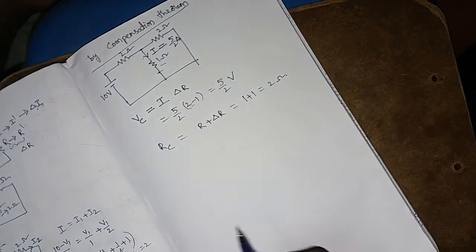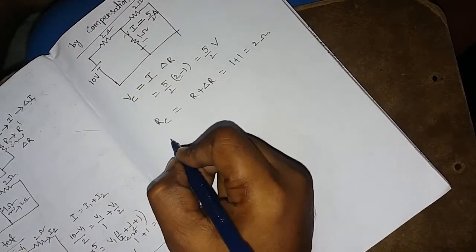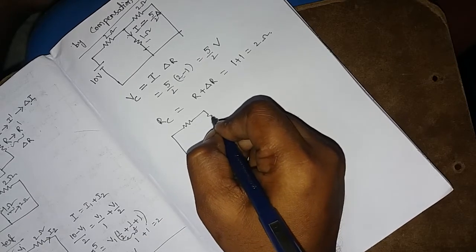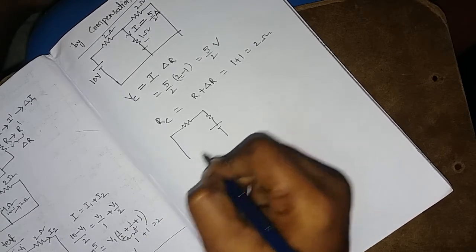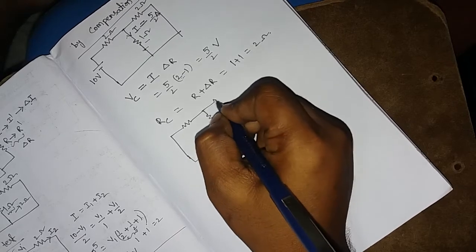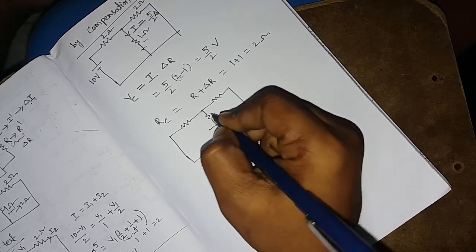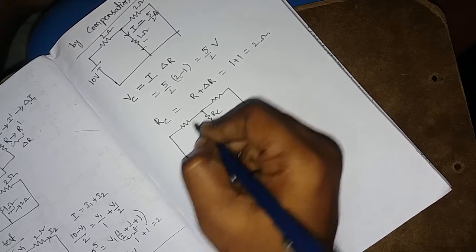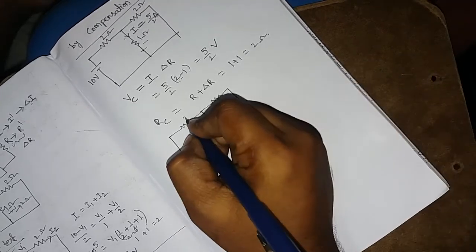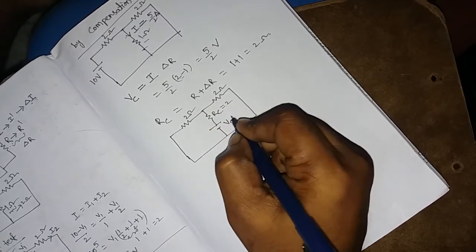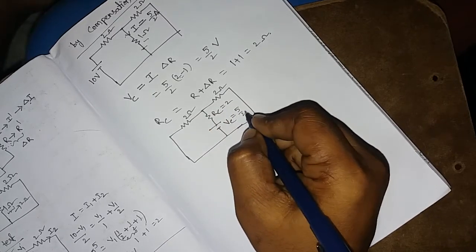So then we have the network like this. This is VC and here it is RC, and the remaining branches are the same, 2 ohms, 2 ohms. RC value is 2, VC is 5 by 2 volts.